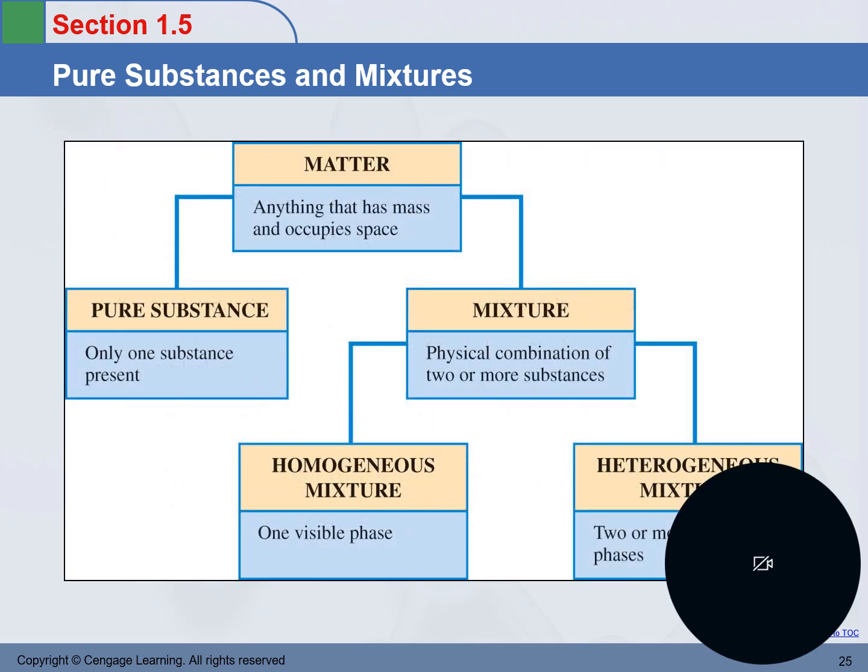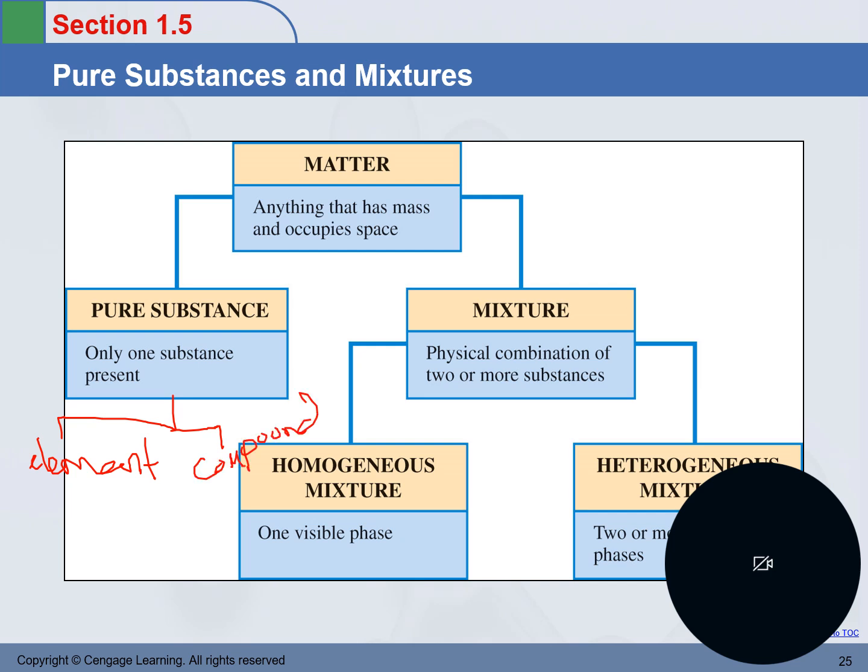Here's a chart breaking down matter, and just for a refresher, matter is anything that has mass and occupies space. Pure substances should really have another piece coming off here, just like mixture has two different parts, and I'm going to try to draw it on here, where we could have an element or we could have a compound.